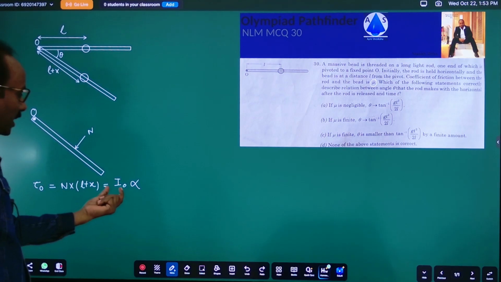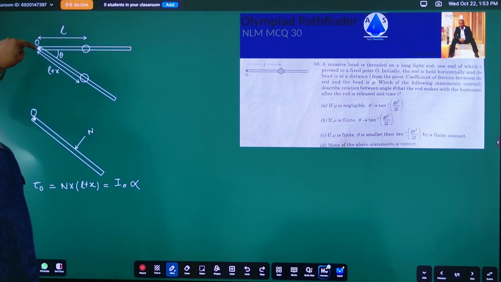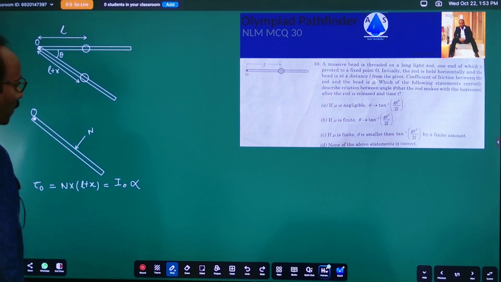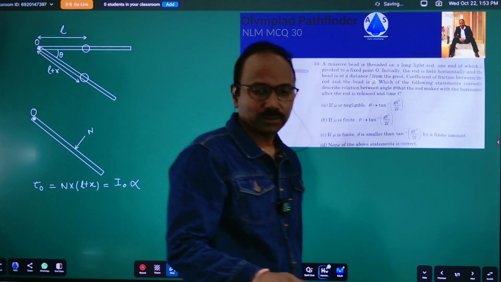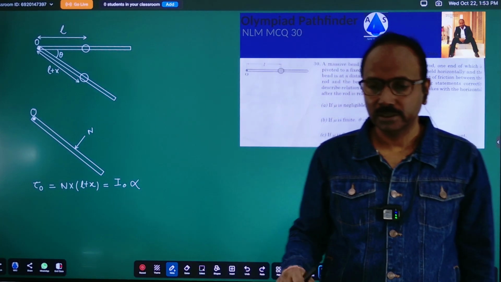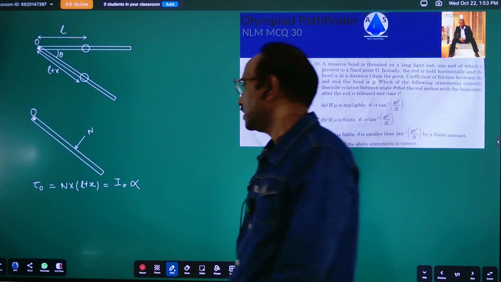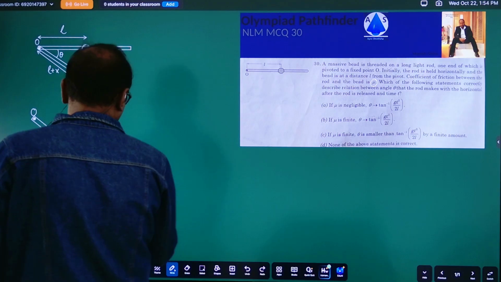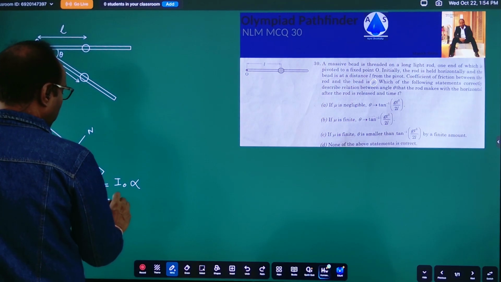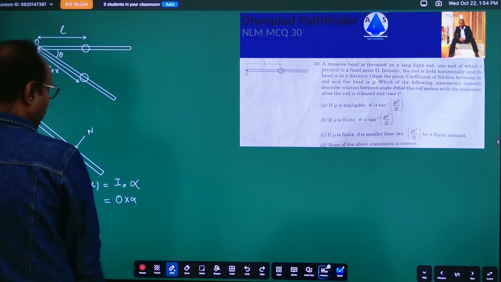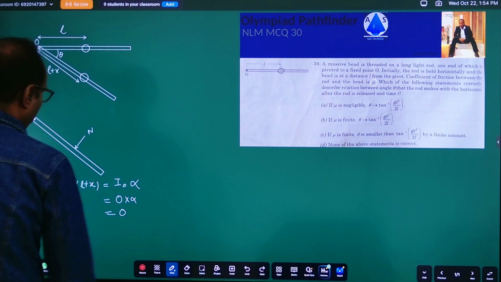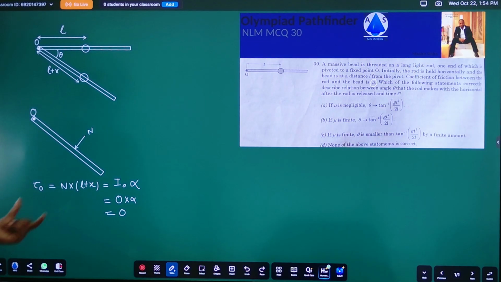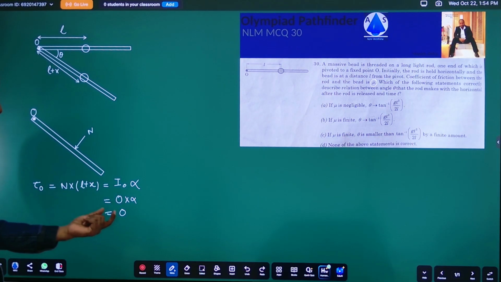But what will be I naught? Means moment of inertia of the rod about O. Since the mass of the rod is 0, its rotational inertia will be 0. So this will be 0 into alpha. So it is 0. So N into L plus X is equal to 0.